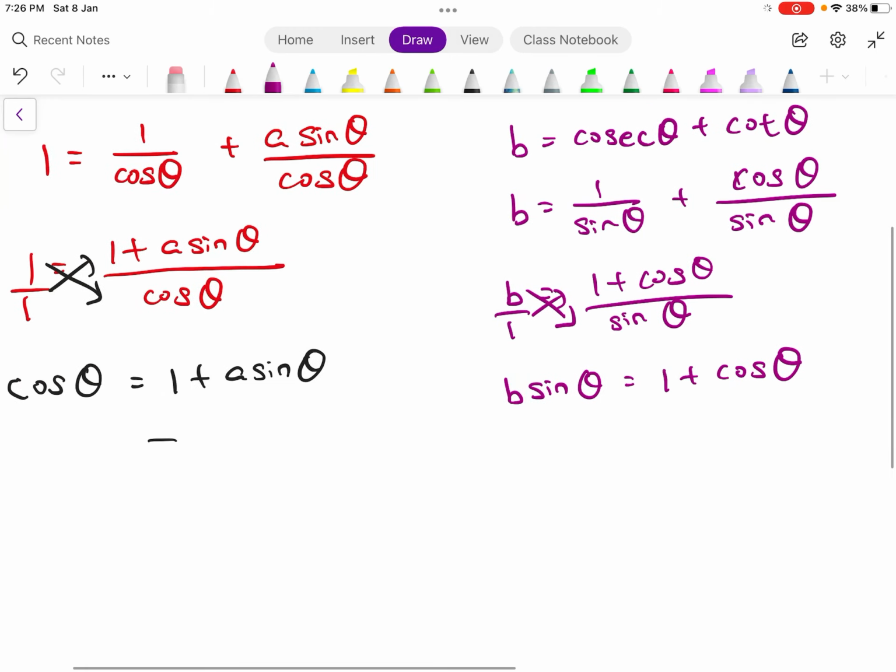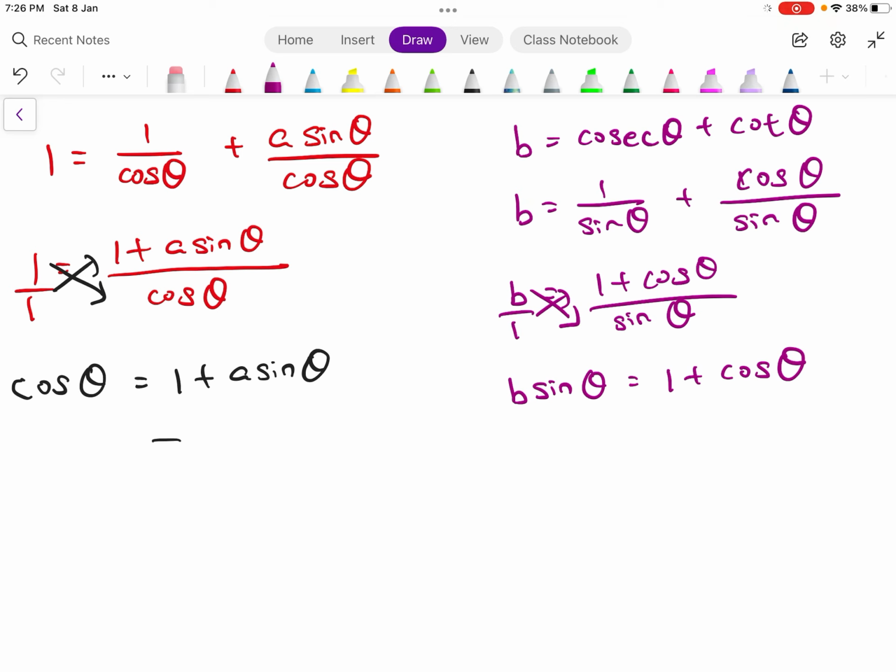If I bring your attention to these two equations, the first equation and second equation, you'll notice that it's just purely A and B. The objective of this question is to get AB. Next, if I look at the second equation, this is 1 plus cosine theta.